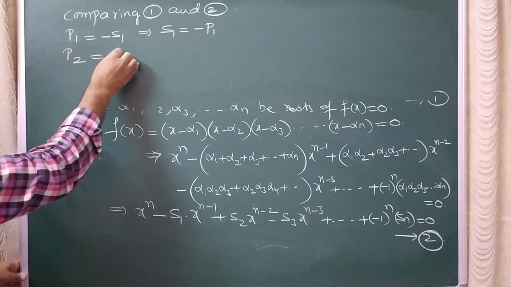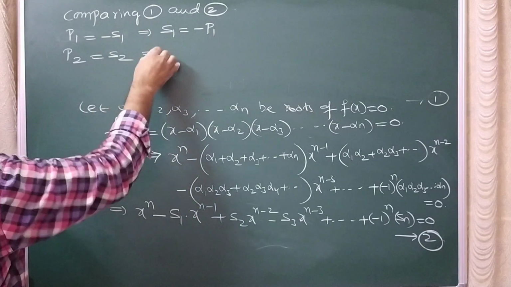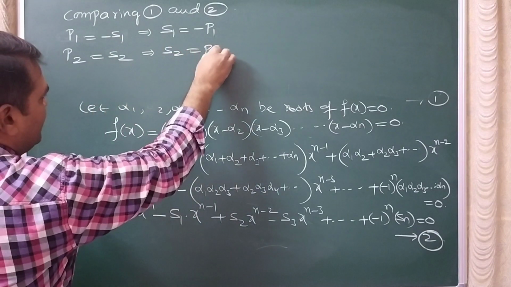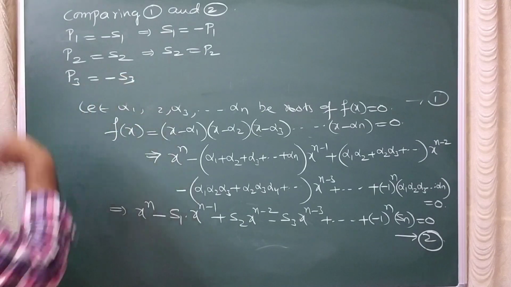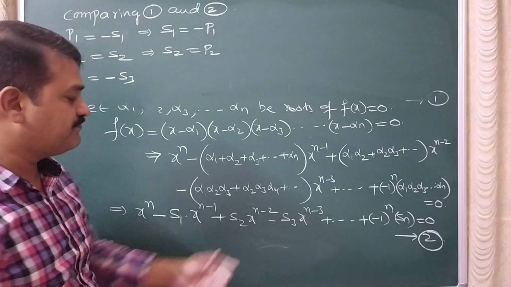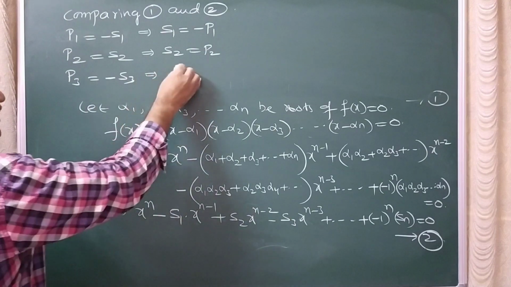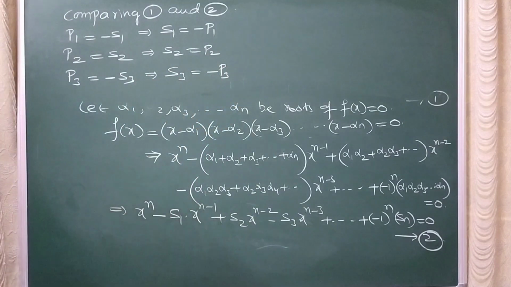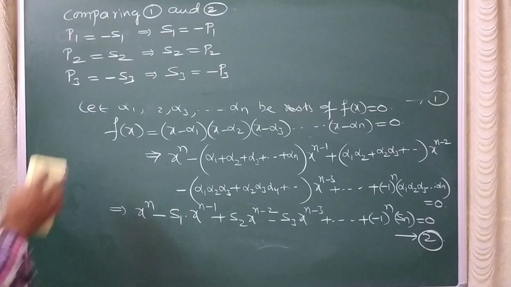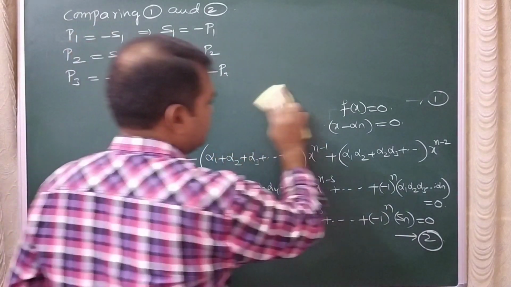Next, P2 is equal to S2, or S2 is equal to P2. Both are same only. Next, P3 is equal to minus S3 when we compare this term, or we can write this as S3 is equal to minus P3. So this is the basic relation between roots and coefficients.